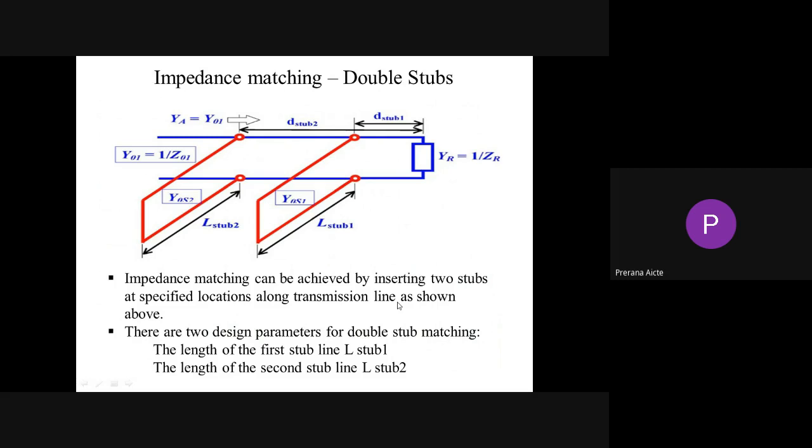Now, there are two design parameters for double stub matching.